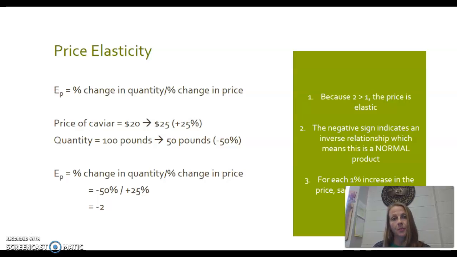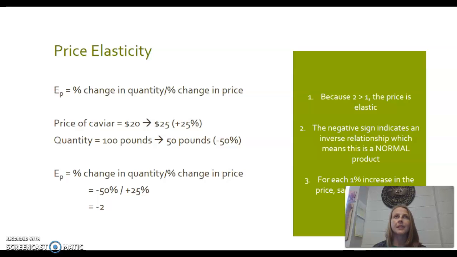We can learn a few things from this. First of all, because 2 is greater than 1, this is a price elasticity that is elastic, or an elastic price. The negative sign tells us that this is a normal product.